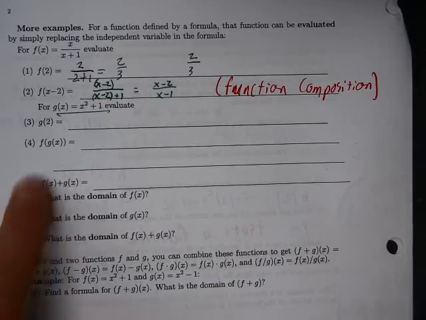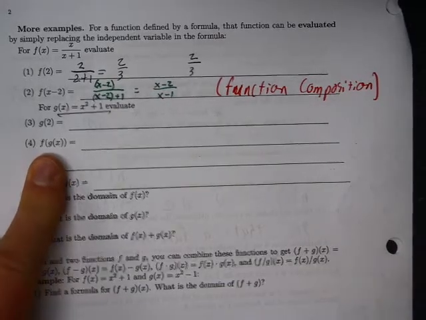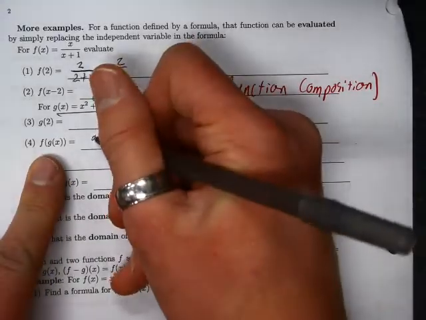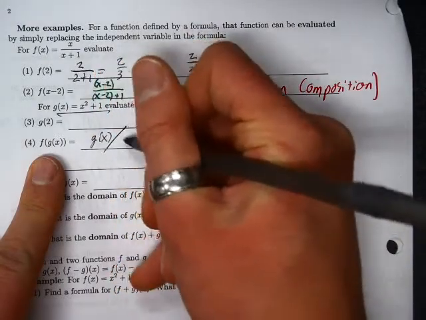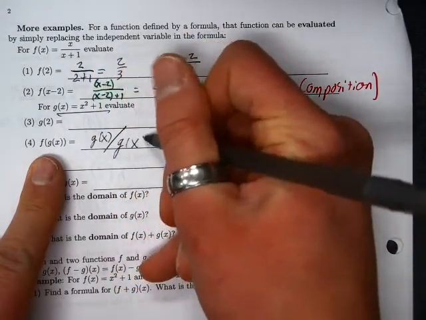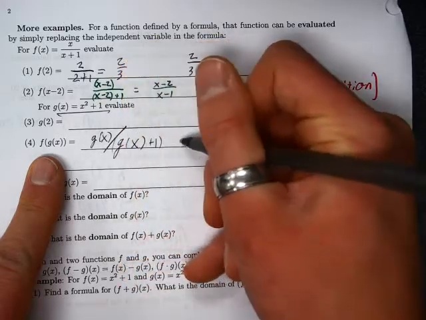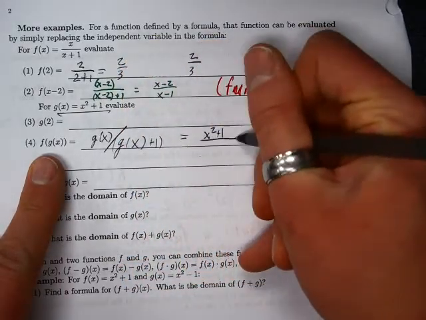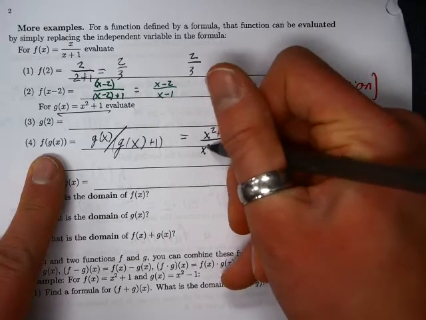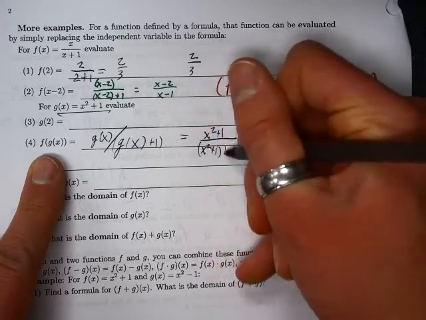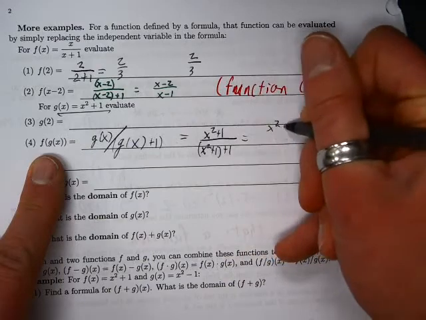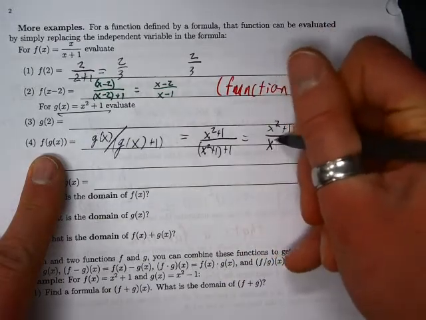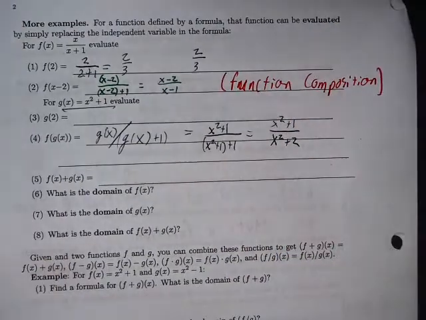If you want to compute f of g of x, I'll replace all the x's with g of x's, so that'll be g of x divided by g of x plus 1. That's x squared plus 1 over x squared plus 1 plus 1, so x squared plus 1 over x squared plus 2. Fair enough?